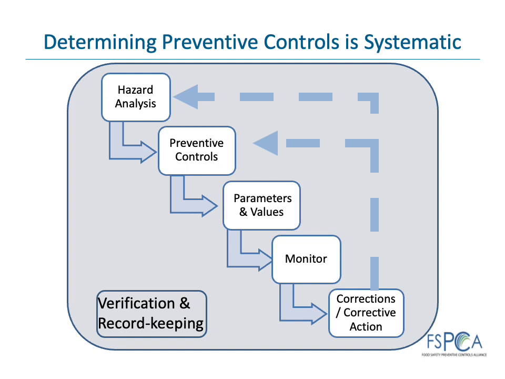When things go wrong, you also have to ask if it was because a hazard was overlooked, in which case you must adjust the hazard analysis, or if a preventive control was not properly identified or implemented. All of the above is recorded and verified to ensure the system is operating as intended and to provide a record for others, e.g., inspectors, auditors, management, to show that this is the case.